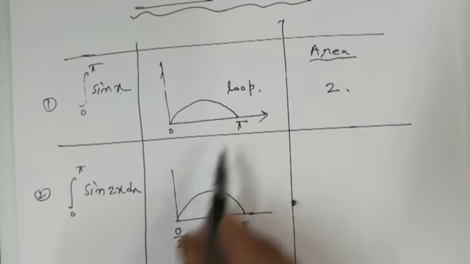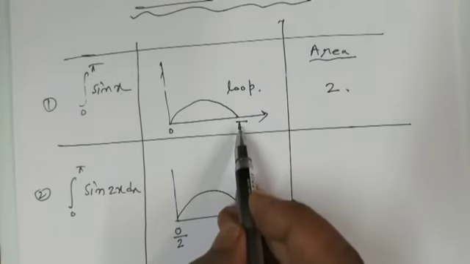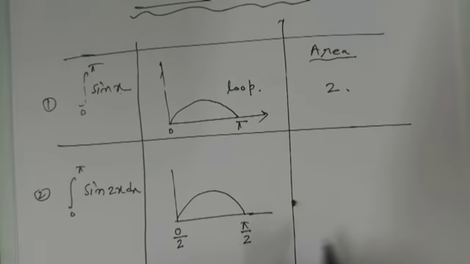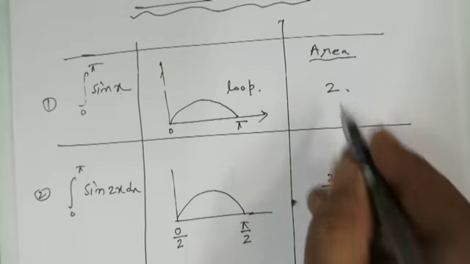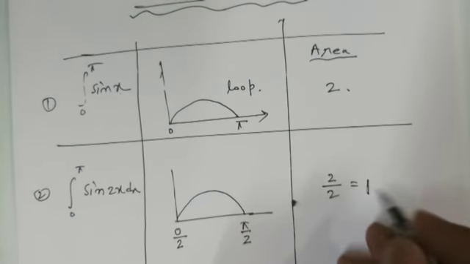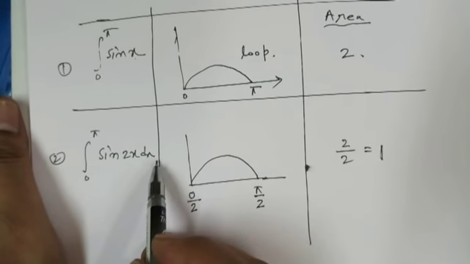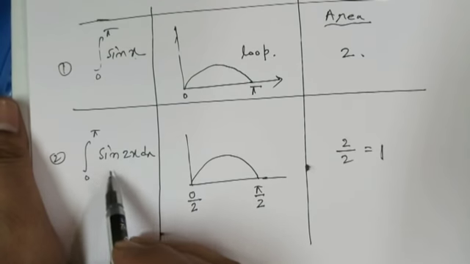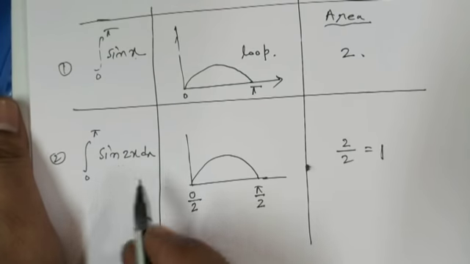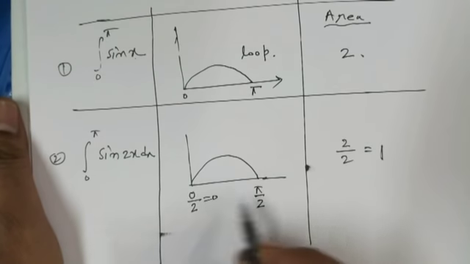When x goes 0 to pi, then 2x goes from 0 by 2 to pi by 2, and the area will be 2 by 2, that is 1. That means for integral 0 to pi sin 2x dx, it has one loop in 0 to pi by 2.